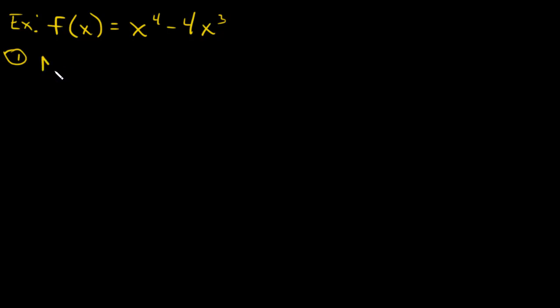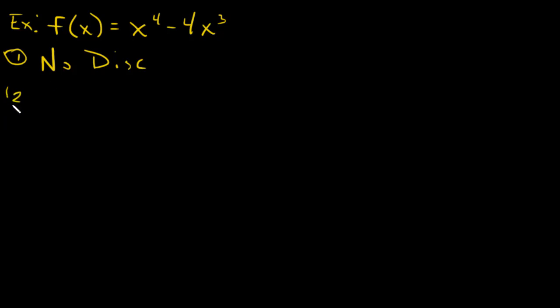Okay, so the next example is going to be a much easier one to differentiate, but it's going to be a little strange when we're doing it. So f of x is going to equal x to the fourth minus 4x cubed. First off, step one, does this have any discontinuities? Absolutely not, because it is a polynomial, so no discontinuities.